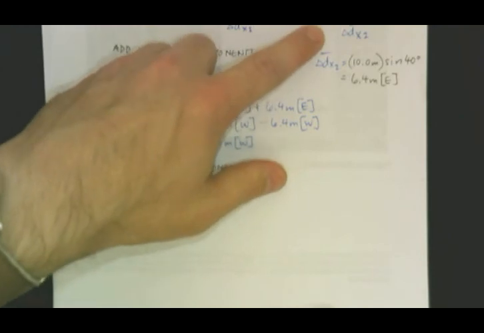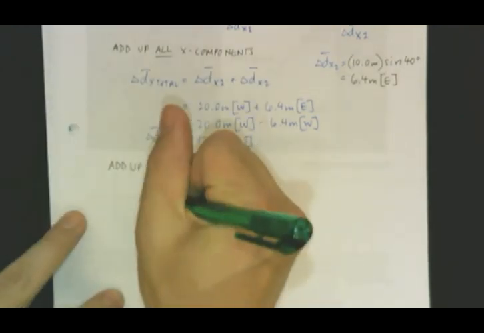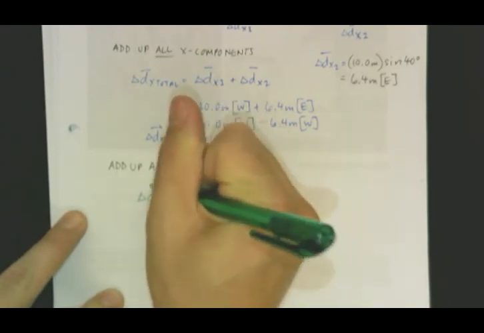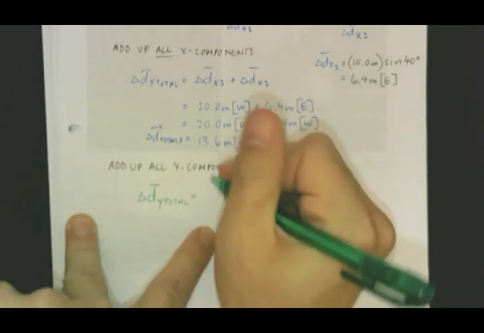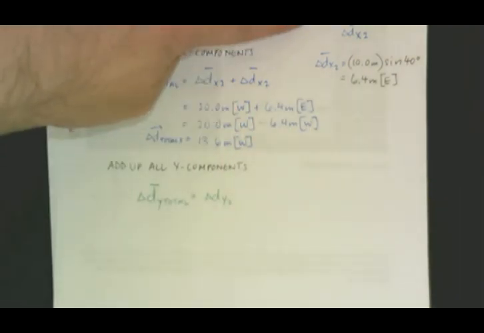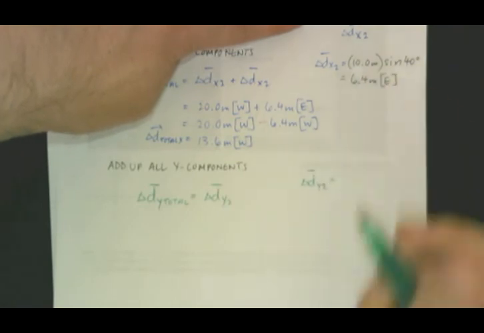Only vector 2 has a y component. So the total y component is equal to just delta dy2, this y component from vector 2. So your job is to determine what delta dy2 is using trig.